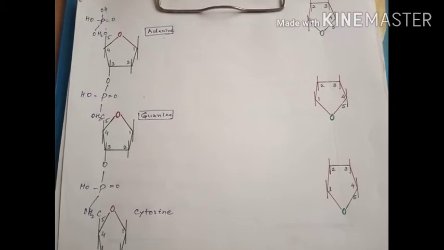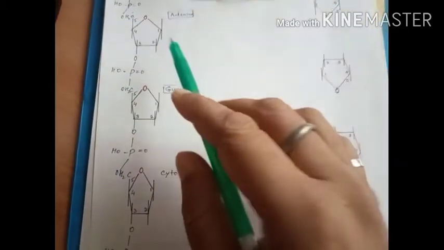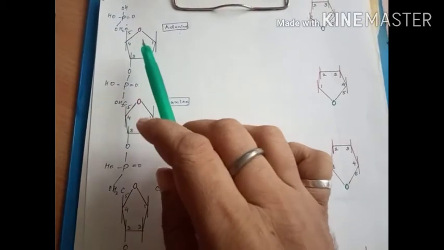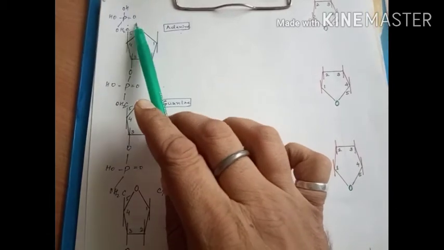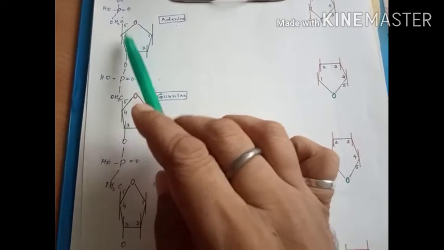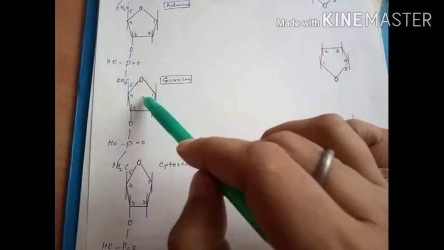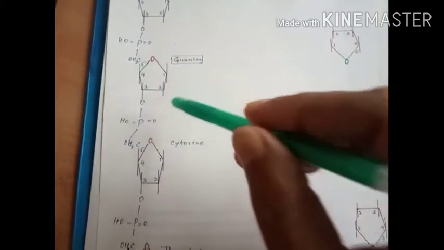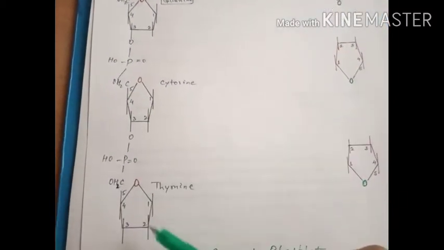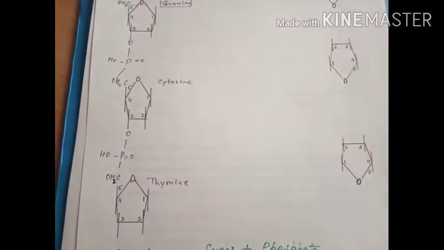Now we can observe the backbone is made up of the pentose sugar and the phosphate group. So the backbone is formed of the phosphate and pentose sugar, and a polynucleotide strand has been formed.